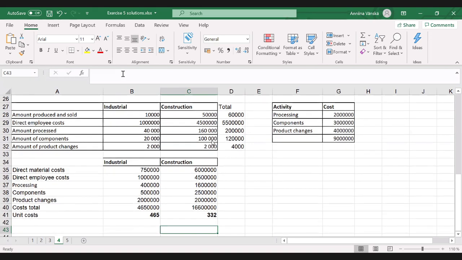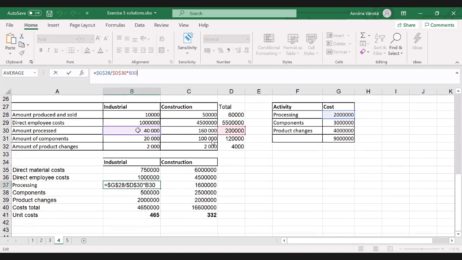So the main thing is always to calculate what is the share of the cost for that product from the total. Like for example, here we were calculating the processing. First, what is their share, and then from the costs.